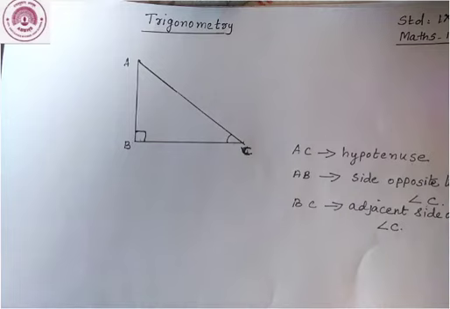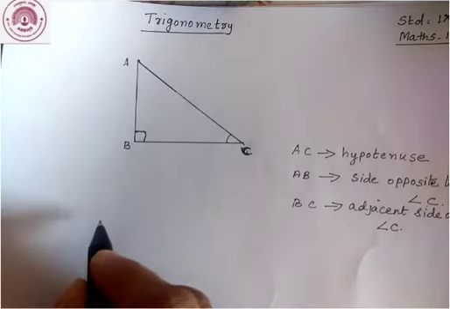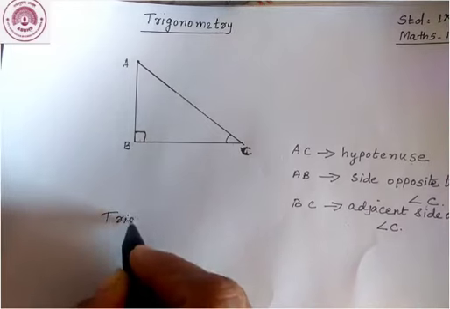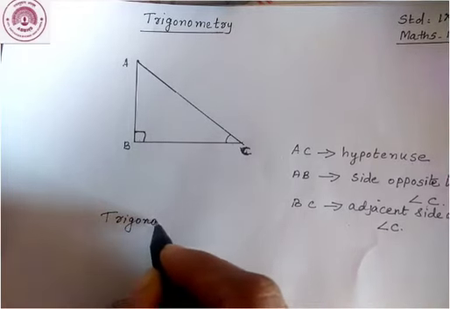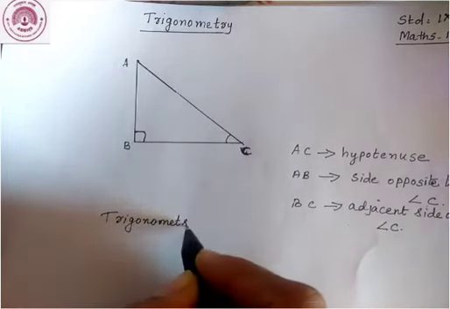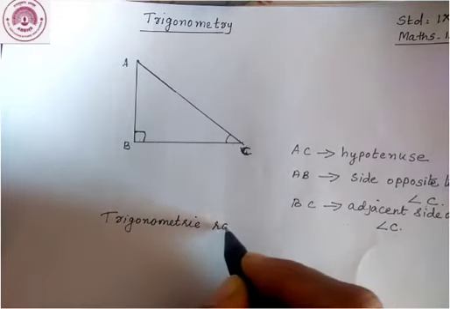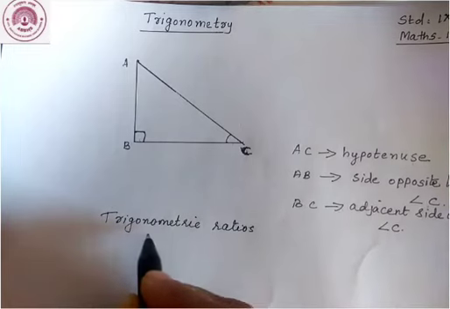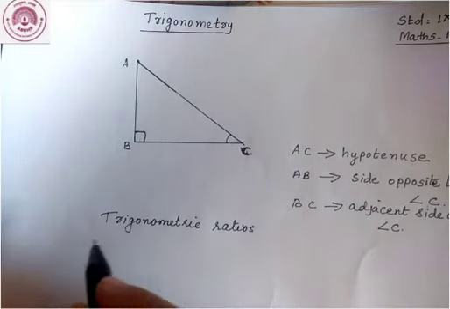Now we are going to define trigonometric ratios. There are 6 trigonometric ratios. These 6 trigonometric ratios are very important. You have to learn them by heart.